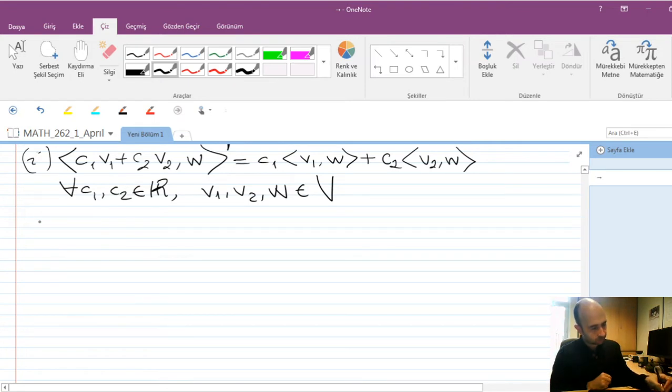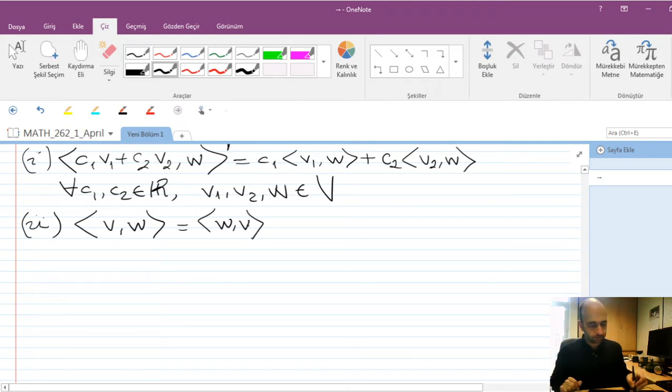Now the second one is symmetry. (V, W) is equal to (W, V) for all V, W in V. Now if you think about 1 and 2 together, this implies that you have linearity in the second entry as well. So let me write that here. This is not a rule, but this is a consequence.